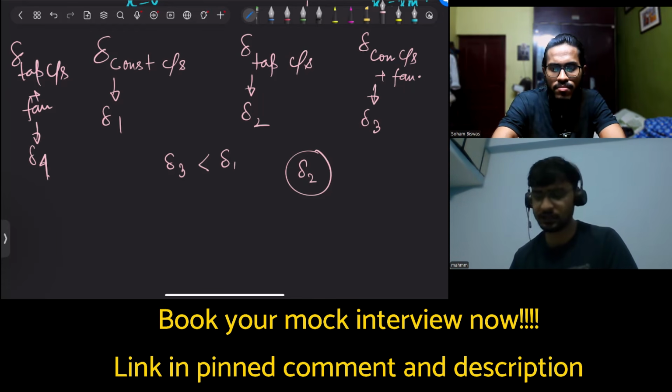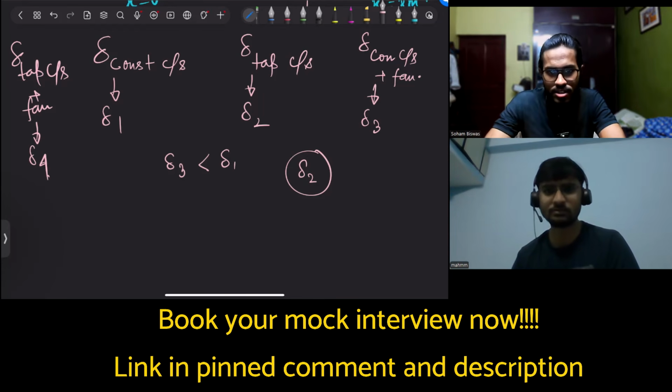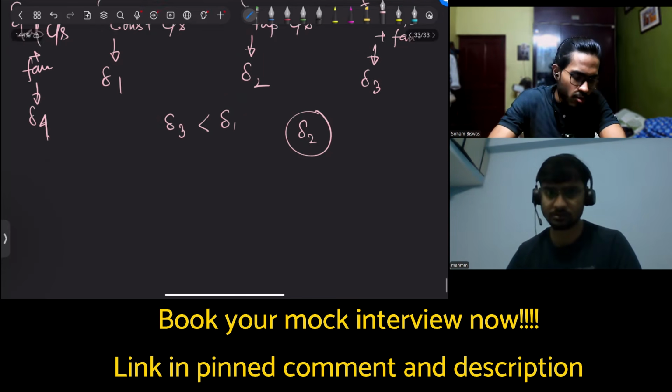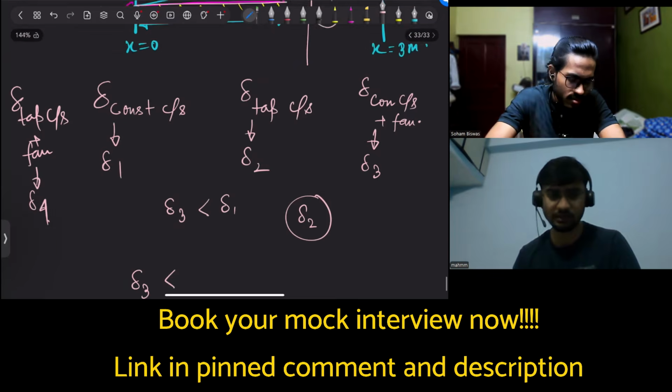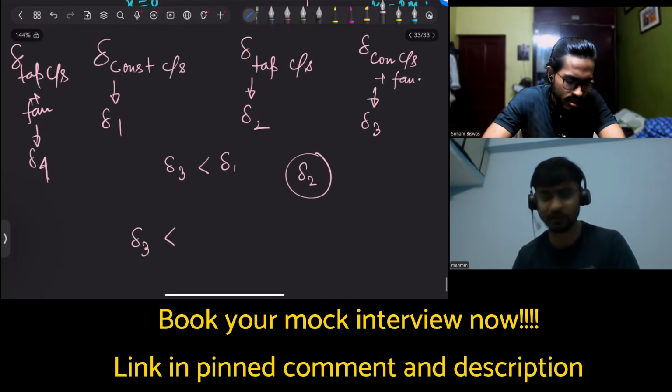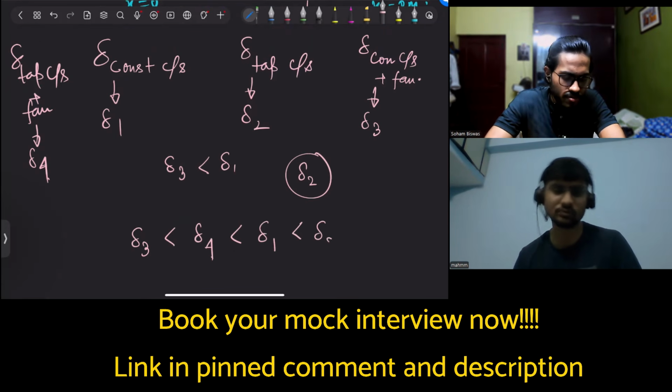Delta 3 will be the smallest. Delta 3 is less than delta 4, delta 4 is less than delta 1, and delta 1 is less than delta 2.